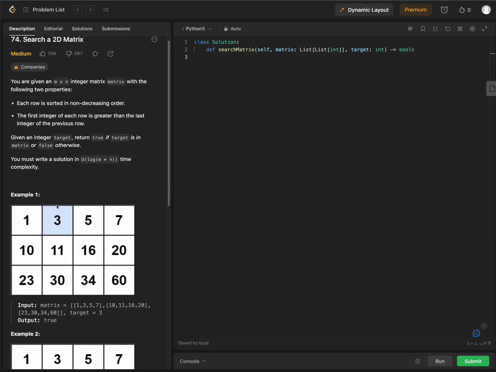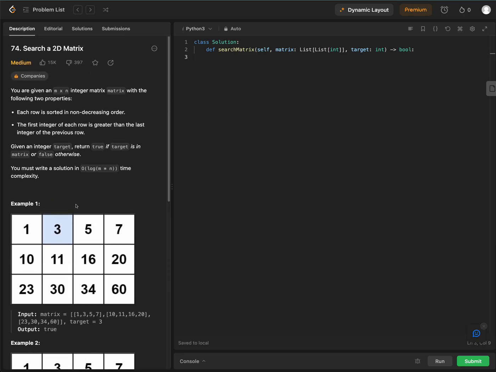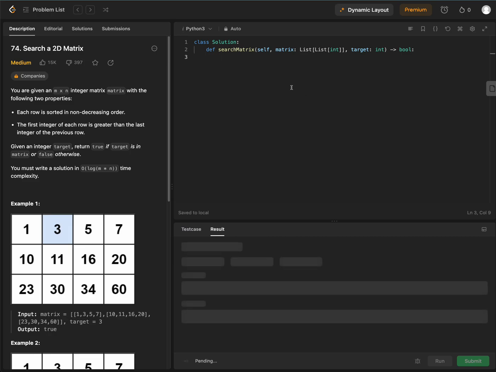So essentially this question is probably a variation of the binary search that we did before. Let me just add some comments here.